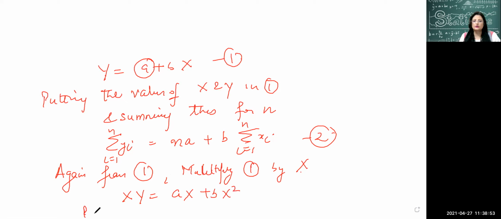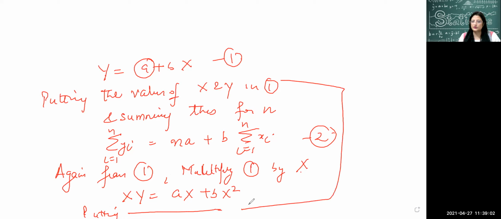Again putting all the values of x and y and summing, the same line will repeat here again. Okay? So what you will get, summation I running from 1 to n xi yi is equal to a into summation xi, I running from 1 to n, plus b into summation I running from 1 to n xi square. So this is number 3.